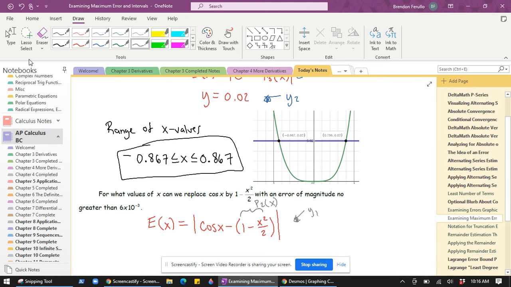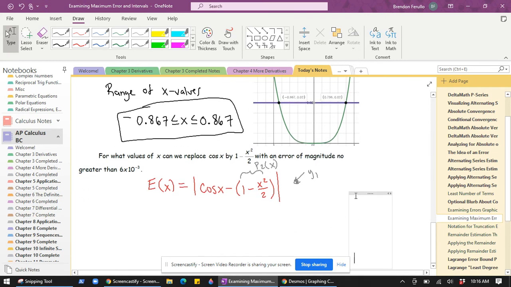And then below that, we're going to graph y equals 6 times 10 to the negative 3. And we find the intersection points.